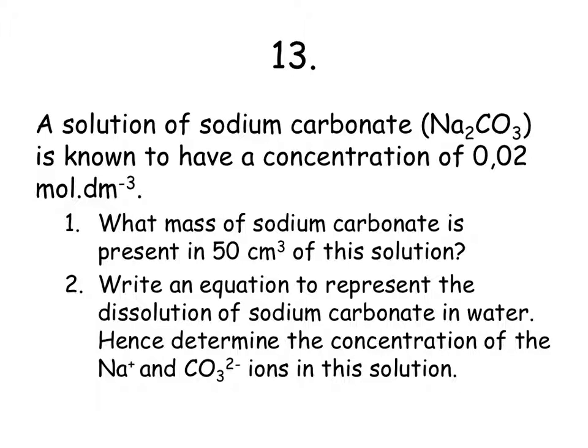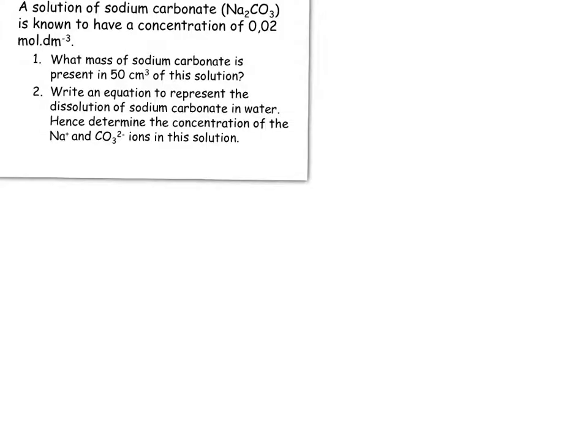Looking at number 13, I have a solution of sodium carbonate. They've already given me a concentration of that solution. They asked me what mass of sodium carbonate is present in a certain volume of that solution. So let's try and do that first. Again, I'm going to get the number of moles first using the concentration and the volume. So number of moles is equal to concentration times volume.